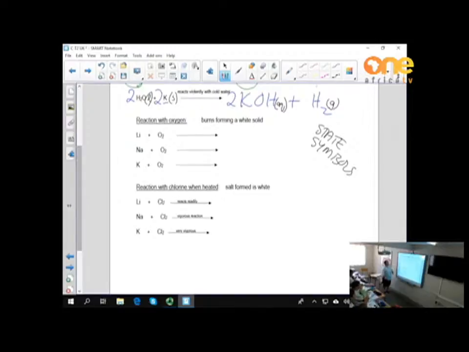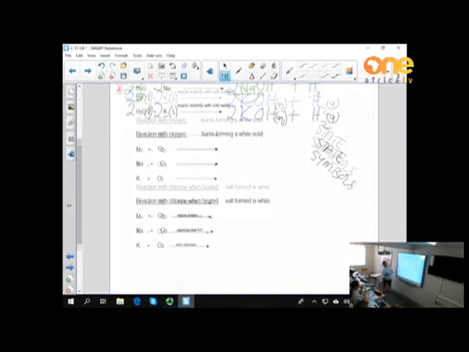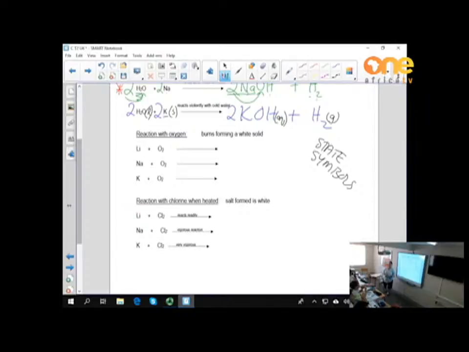Now they are going to react with oxygen. Reactions with oxygen. When anything reacts with oxygen, what is the product? An oxide. Alright? So, if we have lithium and it reacts with oxygen, the product is going to be lithium oxide. What's the formula?